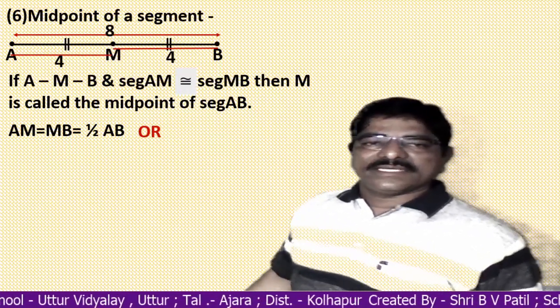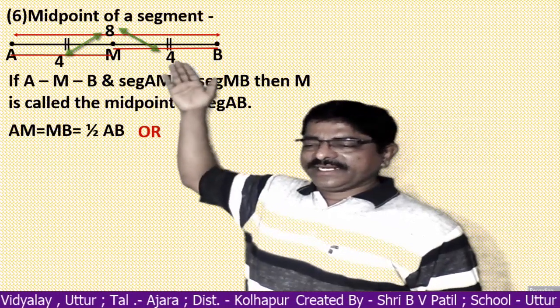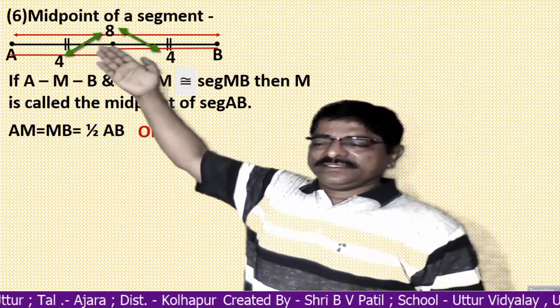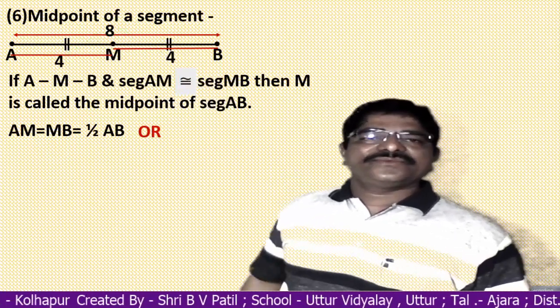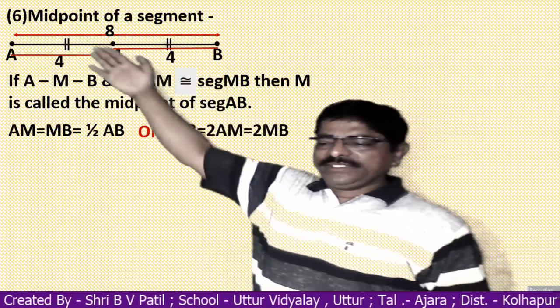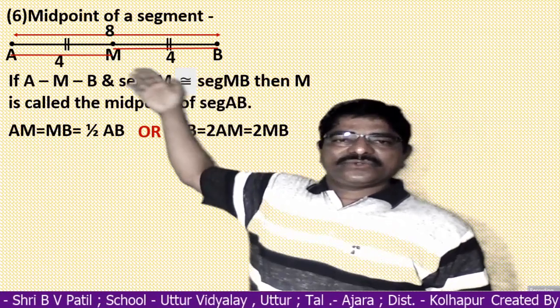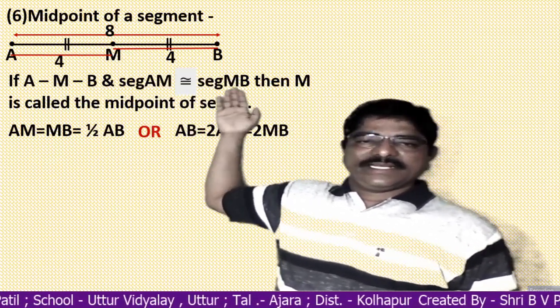Or in another way we can say that 8 is twice 4, means AB is twice AM or twice MB.